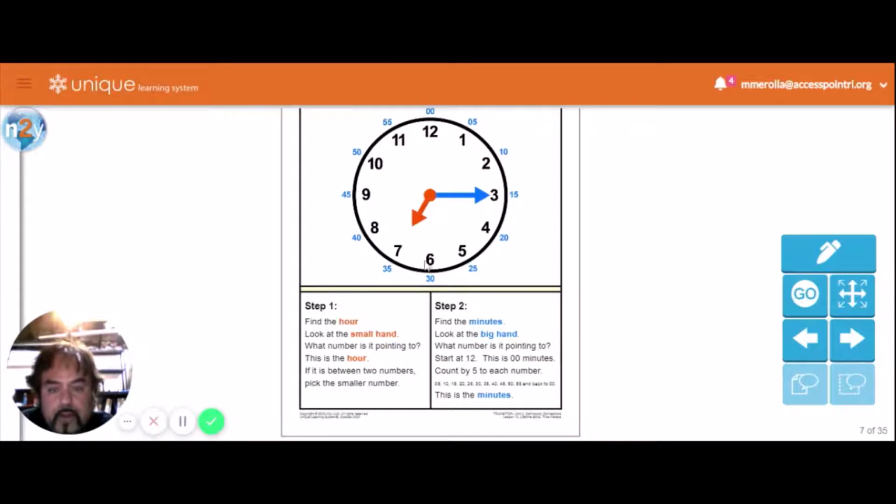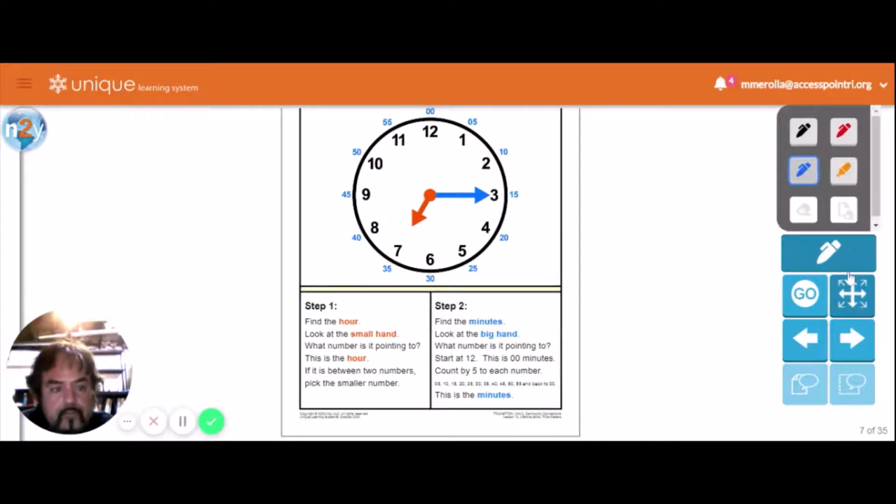On this next page, to read an analog clock, step one is to find the hour. Look at the small hand right there. What number is it pointing to? This is the hour. The small hand is pointing to the 7, so the hour is 7.